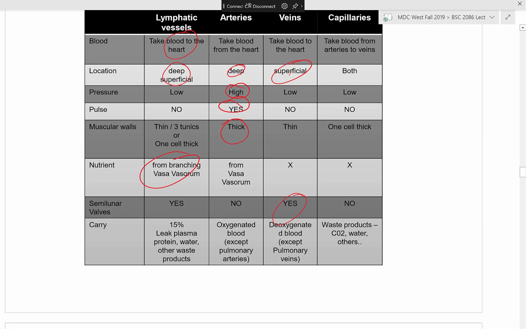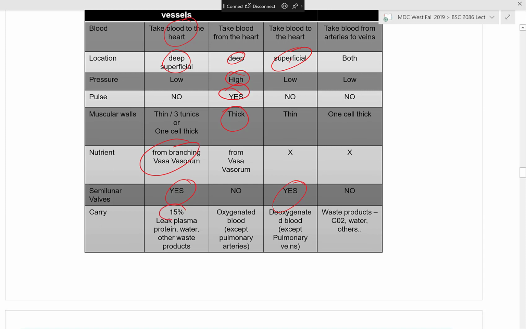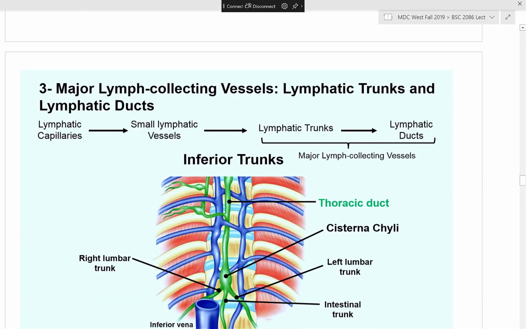Yeah, these are the unidirectional valves, and you have valves as well on the lymphatics, right? They're the ones that we call mini valves. What are they going to do? Well, this one carries the 15% that was left off from the blood capillaries, right? The 85 that's being collected. So that's a comparison table.